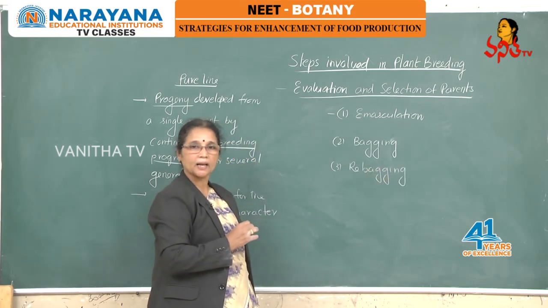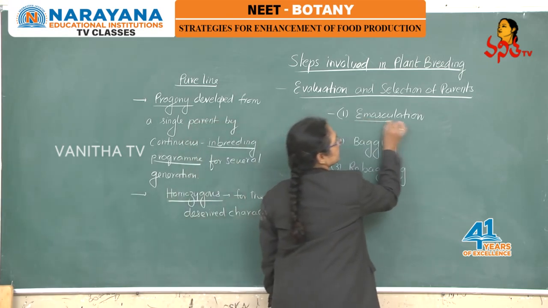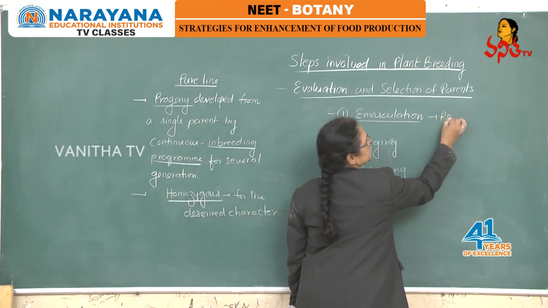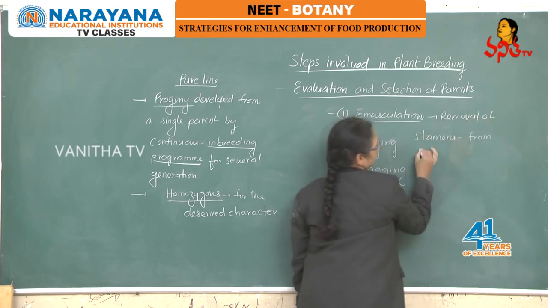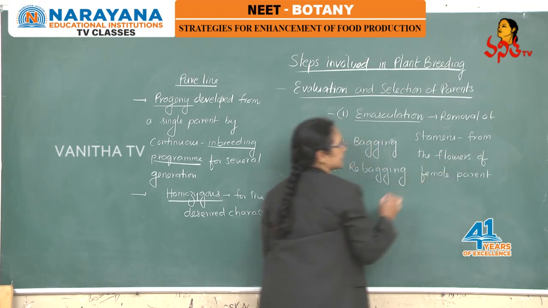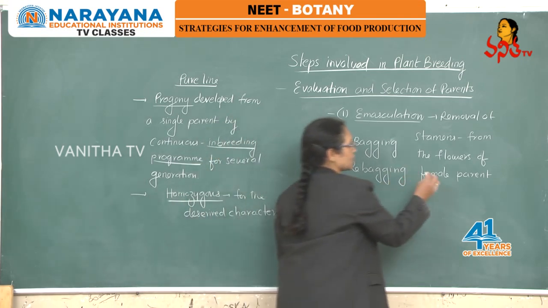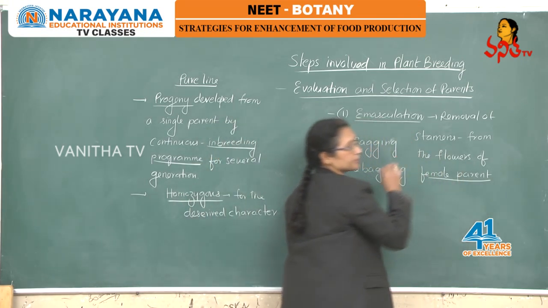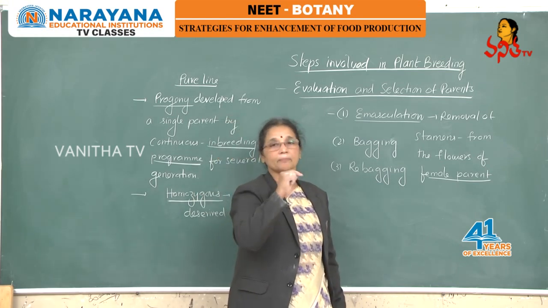Emasculation, bagging and rebagging. What is meant by emasculation? Nothing but removal of stamens from the flowers of female parent. Removal of stamens from the flowers of female parent is called emasculation. Remember, children, we have to remove the stamens of the flowers of the female parent only.